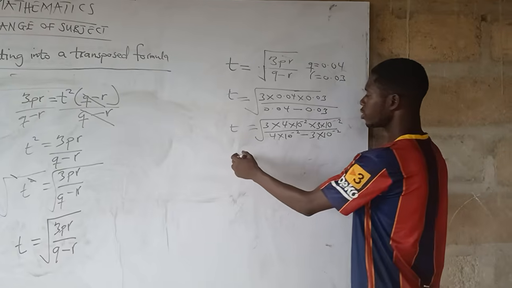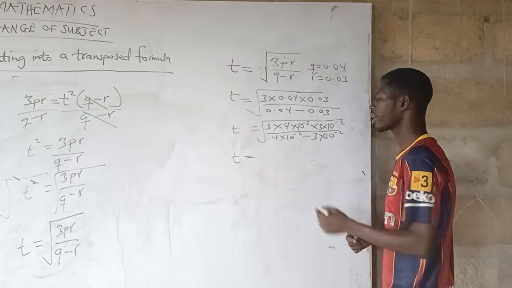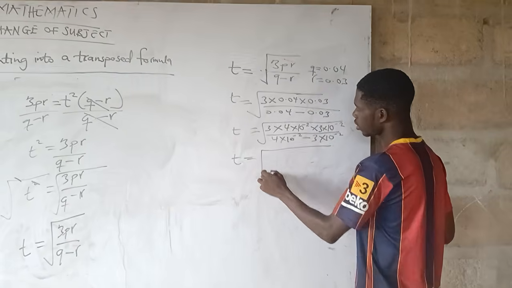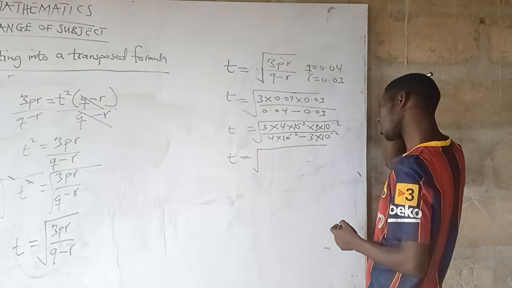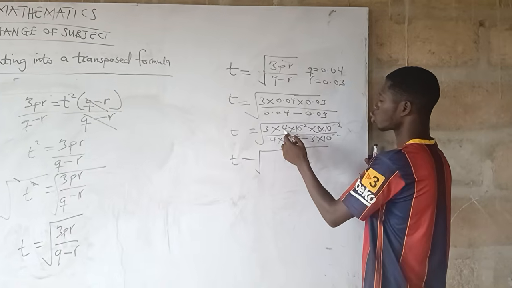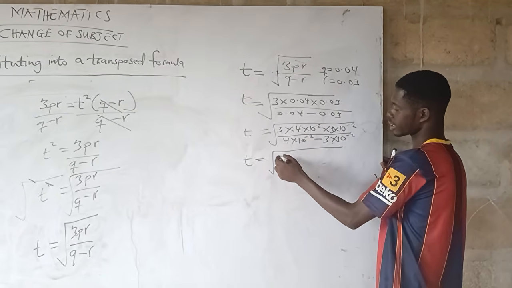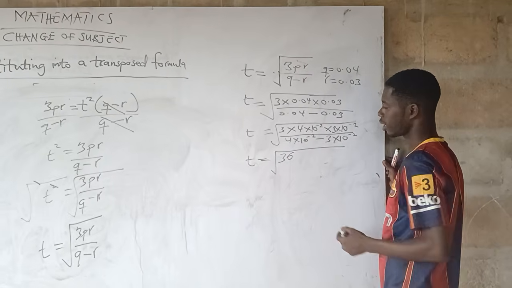So t is equal to root of 3 times 4 is 12, 12 times 3 is 36. You see, we are not using calculator.